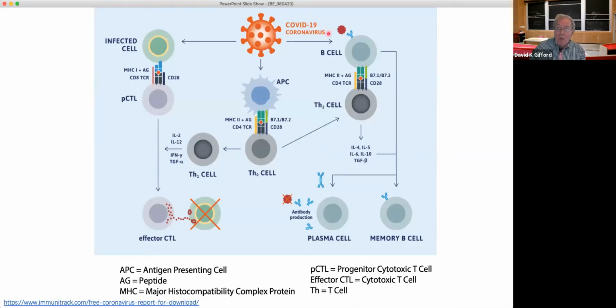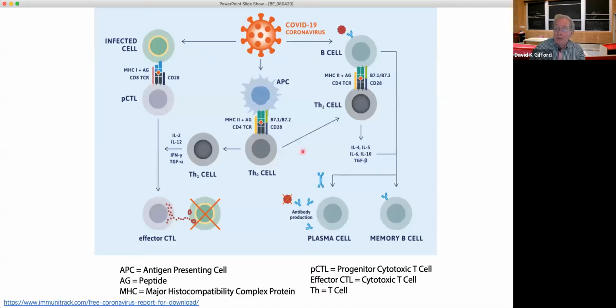So one way to think about this is that the antibody system is dealing with these soluble viral particles and actually neutralizing them, whereas our CD8 positive T cells are patrolling our bodies and killing cells that are infected. And thus both kinds of immunity are important, the antibody-based immunity and the cellular-based immunity.